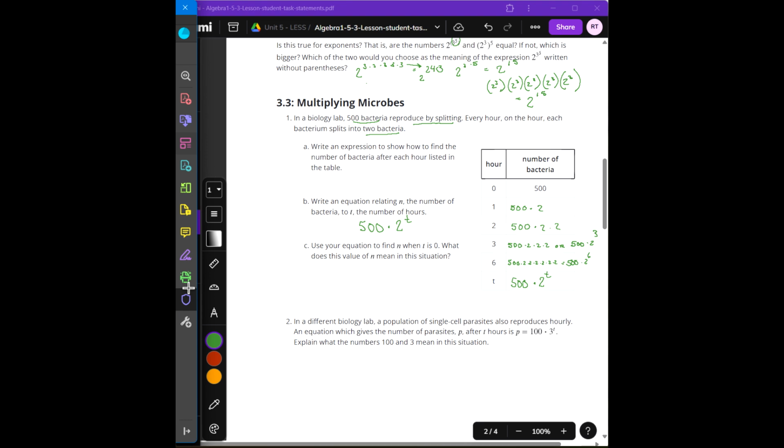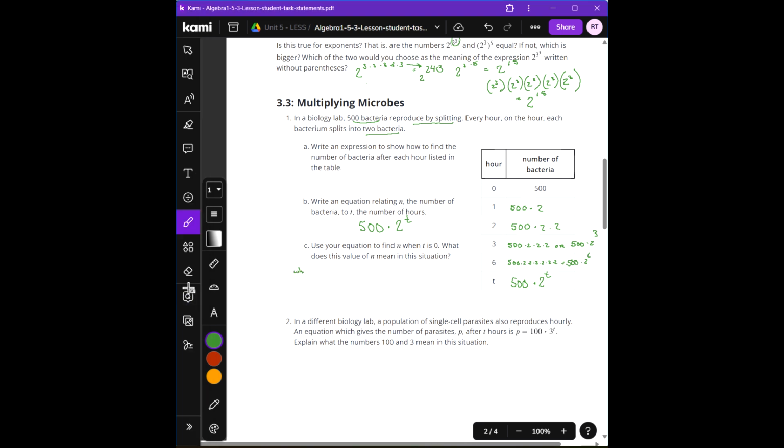So let's see, when t is equal to 0, n is equal to 500 times 2 to the 0.